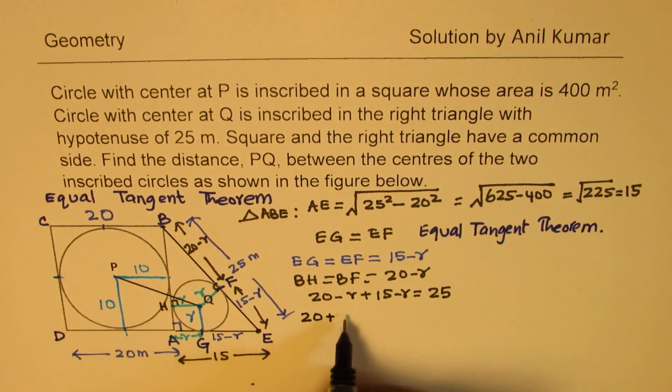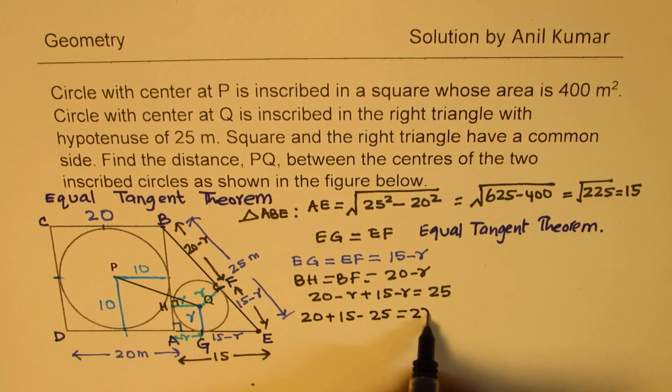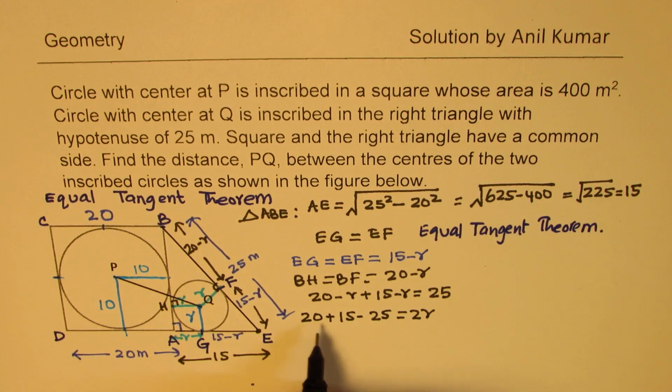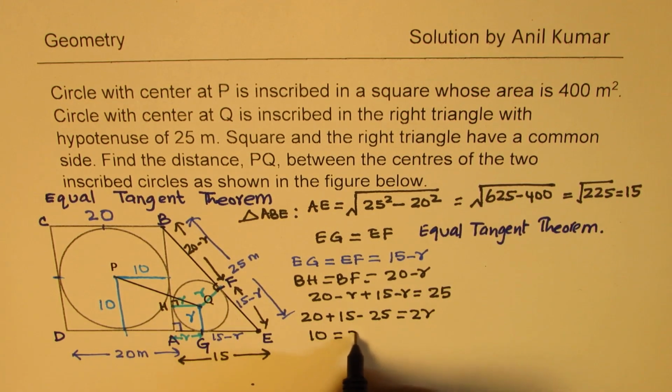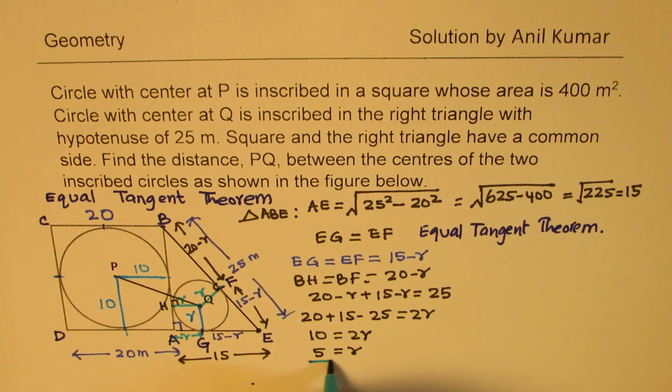So we get 20 plus 15 minus 25 equals 2R. Now when you take away this, you get 10. So 10 equals 2R, or we get R is equal to 5. Is that clear? So we get R as 5.